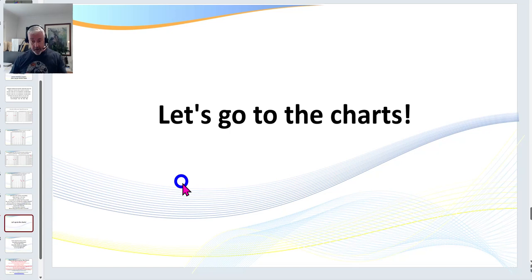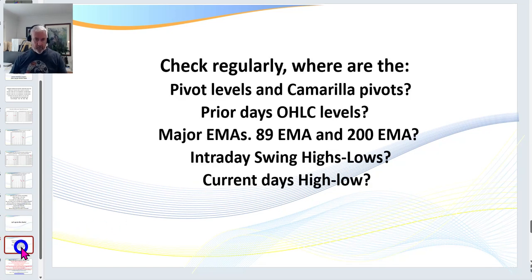In this case we're going to go to the live recording, but before we do that I just want to also mention here that there are some critical things that we do need to consider, and fortunately these are very easy to learn, and virtually every trading platform will have these plot automatically on your charts. So where are our pivot levels and CAN pivot levels?